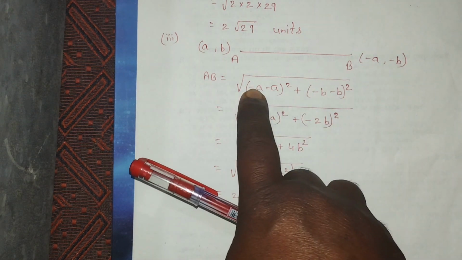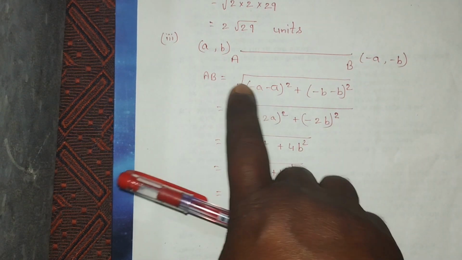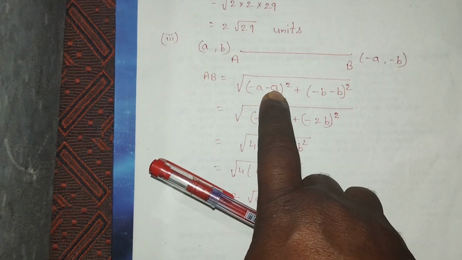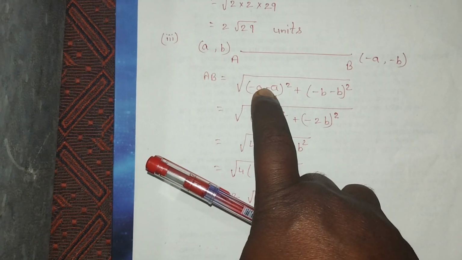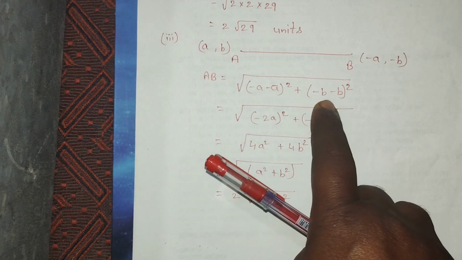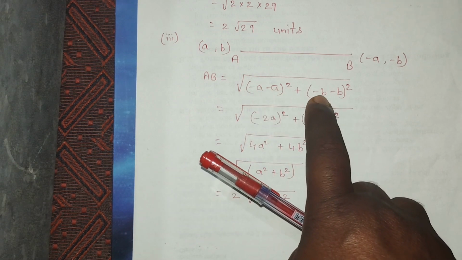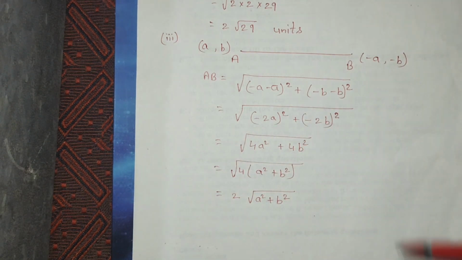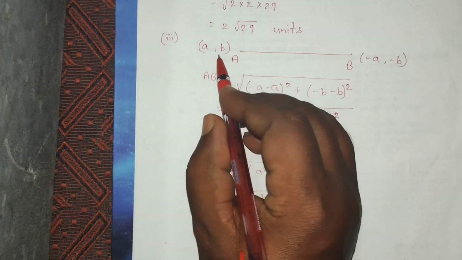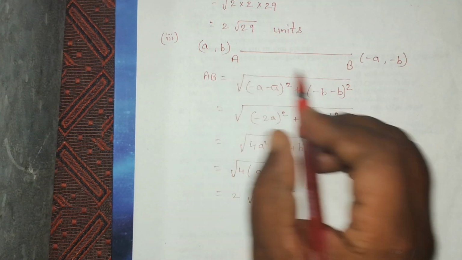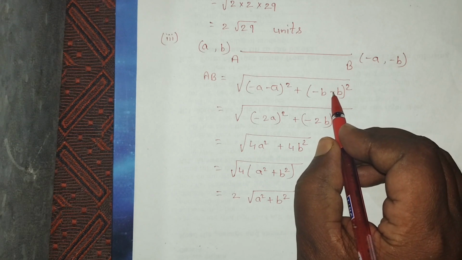This will come in place of x2 and this positive a will come in place of x1. Minus sign between them will come from formula. Similarly, in place of y2 you have to keep minus b, and in place of y1 you have to keep this positive b. This minus sign comes from formula.